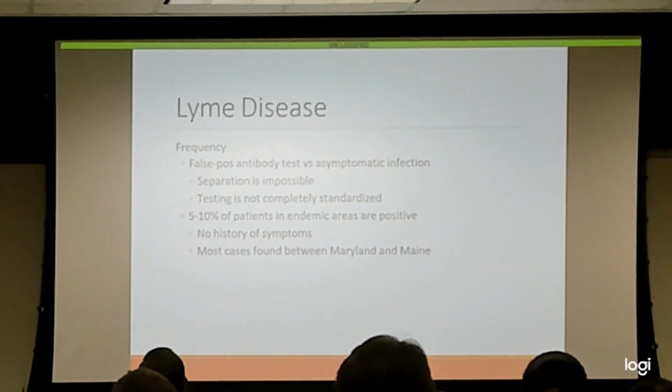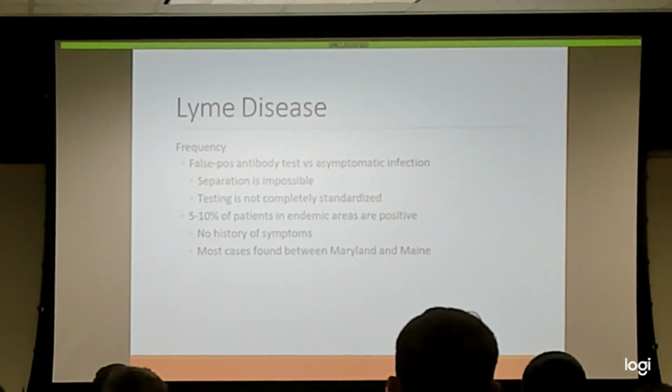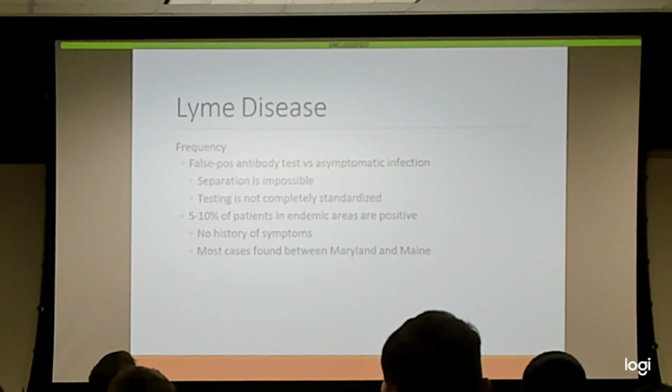Remember, this is a spirochete, so one of the things that this thing kind of gets confused with is syphilis, because remember, syphilis is also a spirochete. Another disease process this thing kind of gets confused with is lupus. For some reason, when you're doing the test, it can come up positive. So you kind of have to be careful. So what you do when testing this is you have to do a confirmatory test as well.